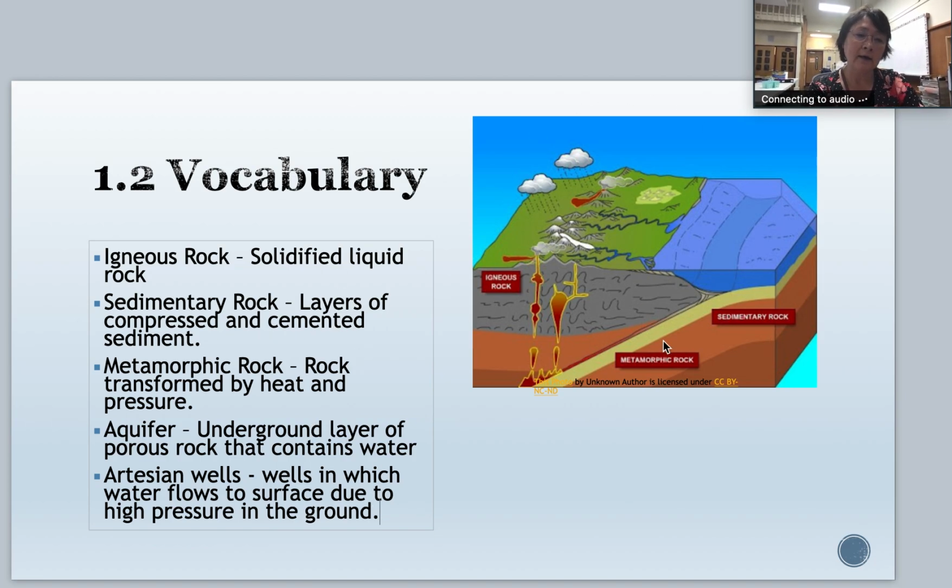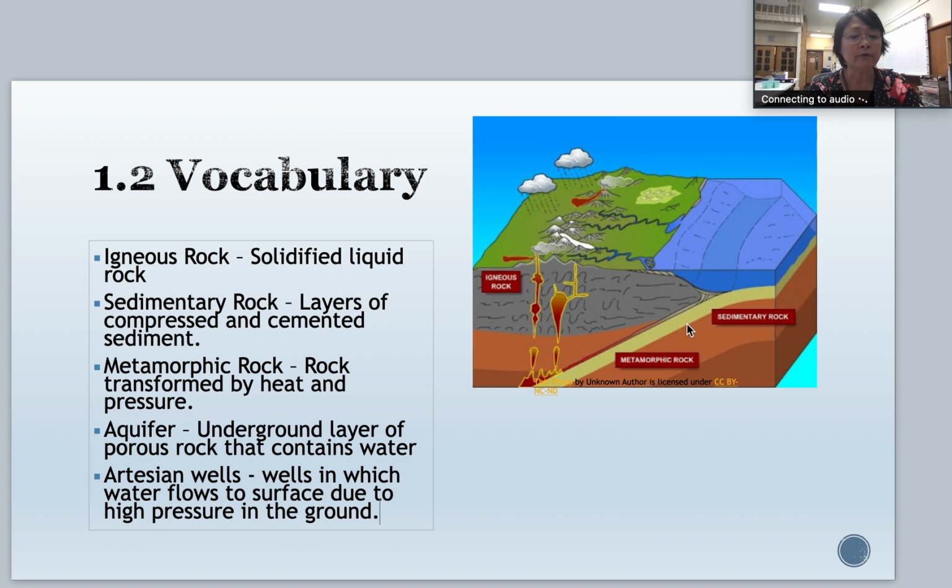So I have this picture here describing the igneous rock and how this is formed as a result of a volcano. The sedimentary rock is found generally close to the top, next to the sediment.